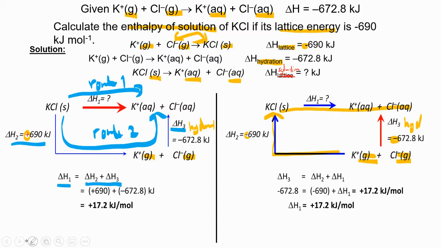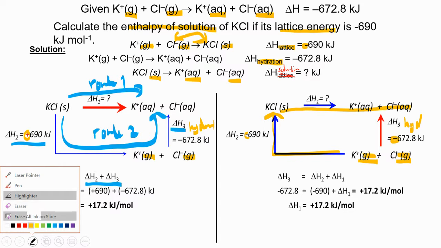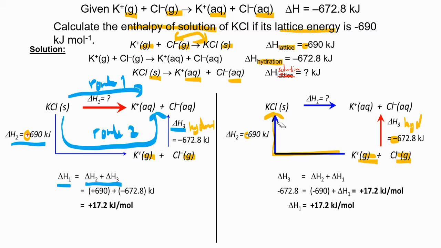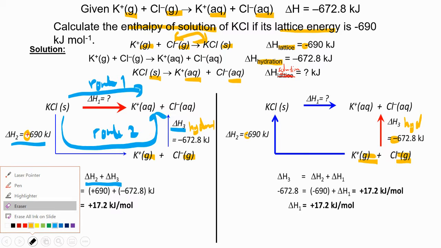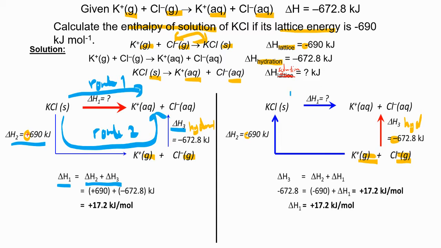Okay, let's see whether the routes in this cycle are acceptable or not. So this is not route 1 yet.